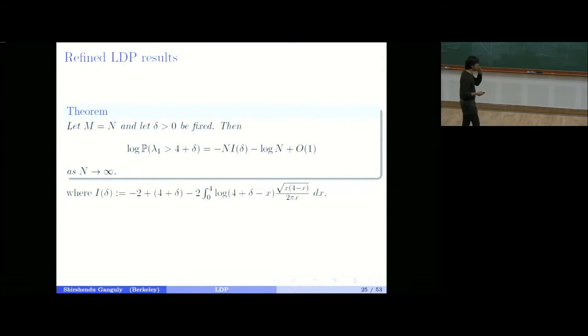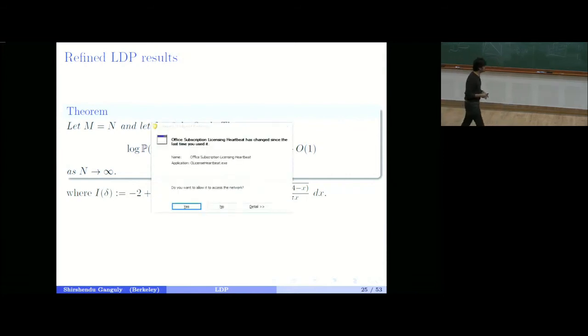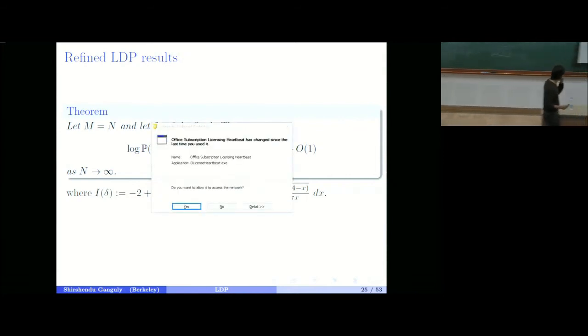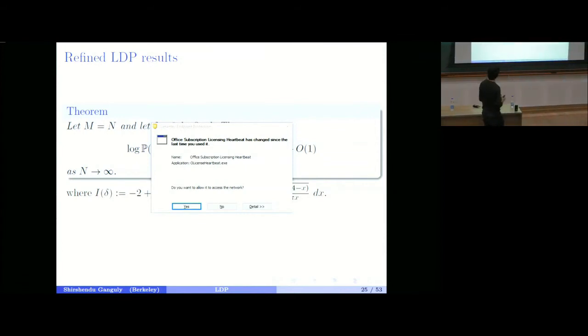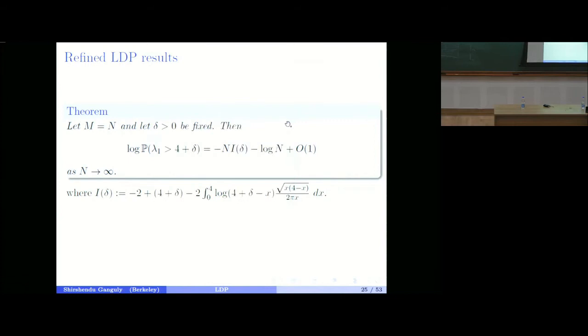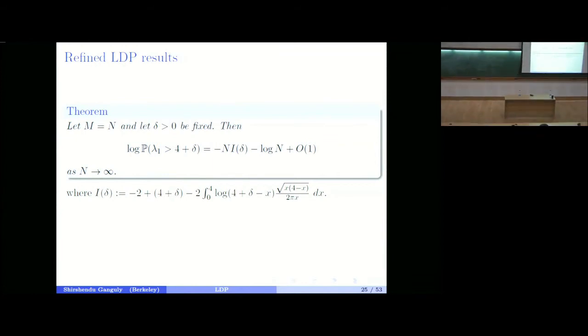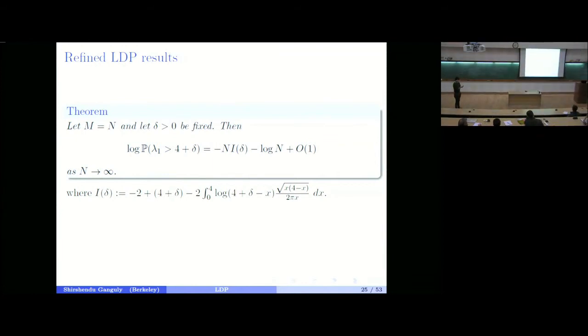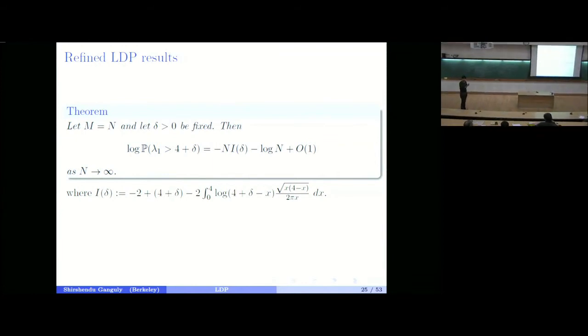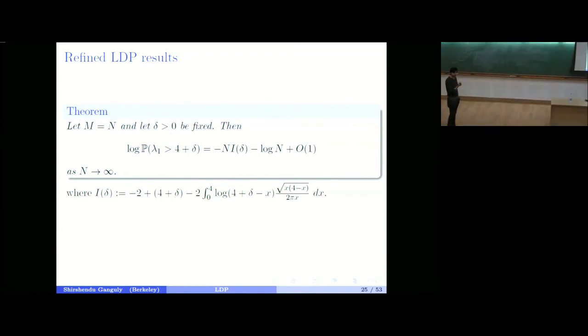So if you exponentiate everything, the prefactor is just a polynomial, like 1 over n. That's important: the constant before log n is 1, and the other correction is just a constant.